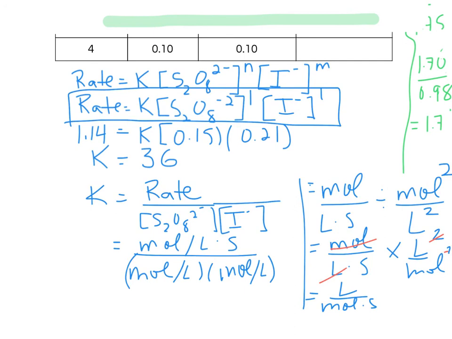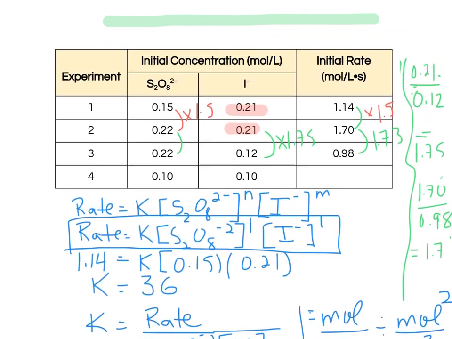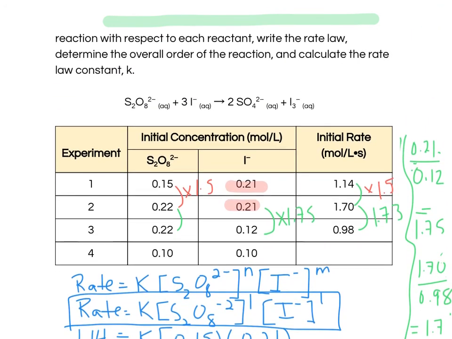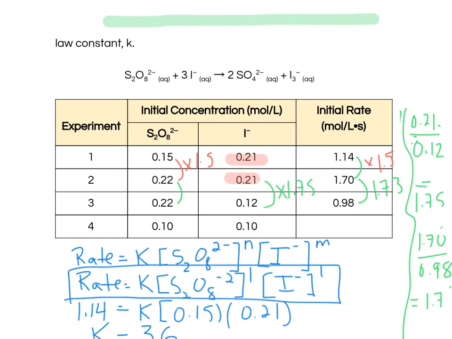This question has a little bit more to it, because when I look at the fourth experiment, and this is actually one of the reasons we developed this rate law, it's so that we can make predictions about what the rate of the reaction will be for experiments that we actually haven't done yet.